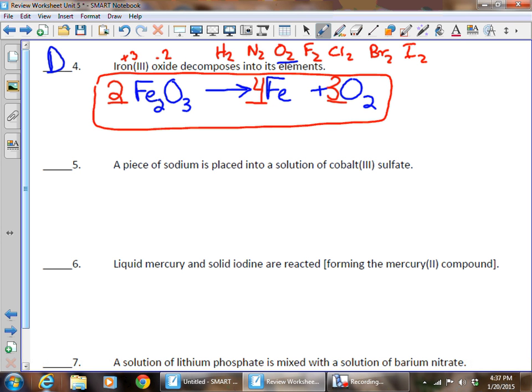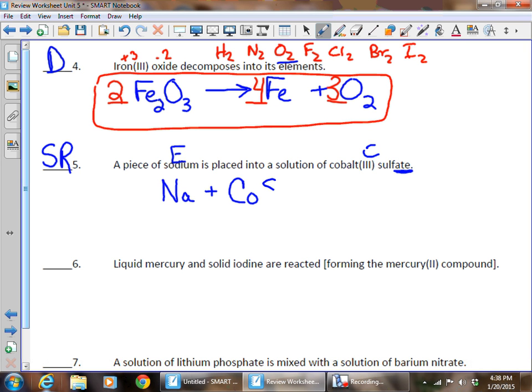Our next reaction says we have a piece of sodium, that's an element, placed into a solution of cobalt 3 sulfate, that's a compound. Looks like once again we have a single replacement reaction, an element plus a compound. So sodium is going to be reacting with cobalt sulfate.